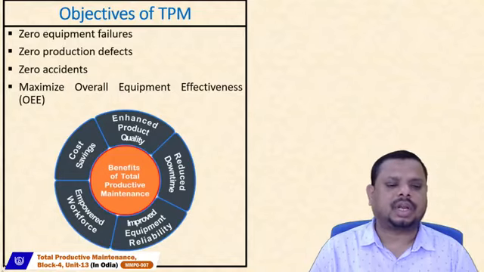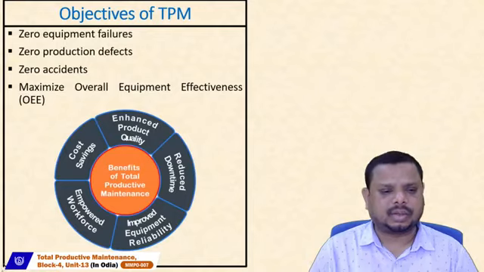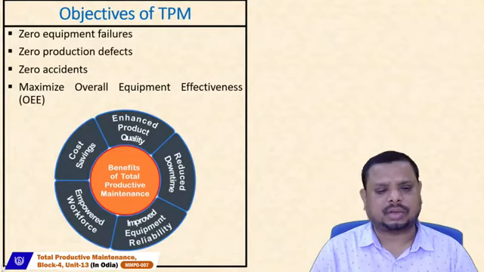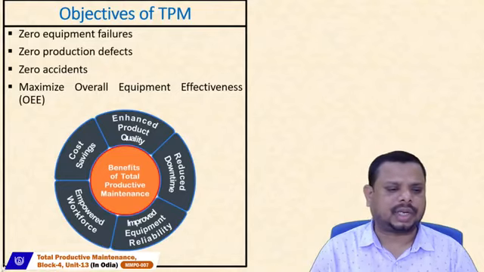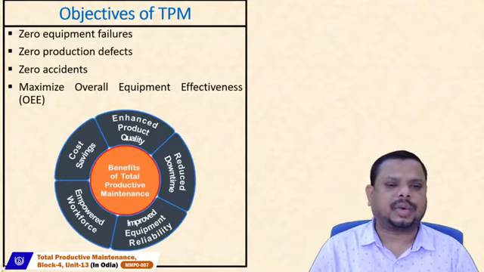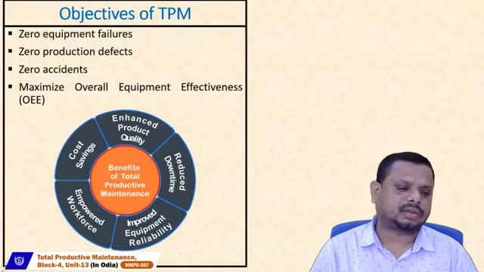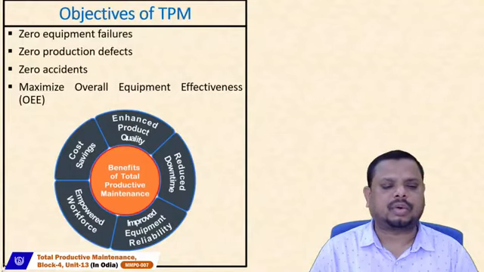The third one is improved equipment reliability. Whenever you are conscious about operators' autonomy to provide maintenance, the lifespan of equipment and machines automatically increases, which indicates the reliability of the equipment. The next one is empowering the workforce.